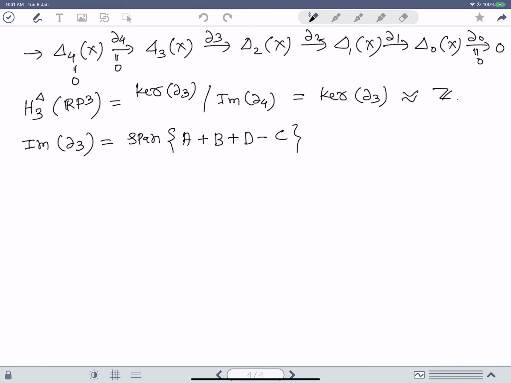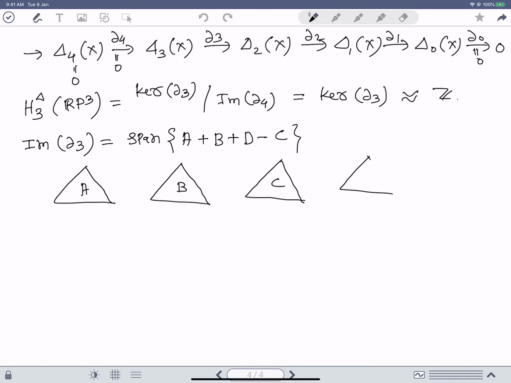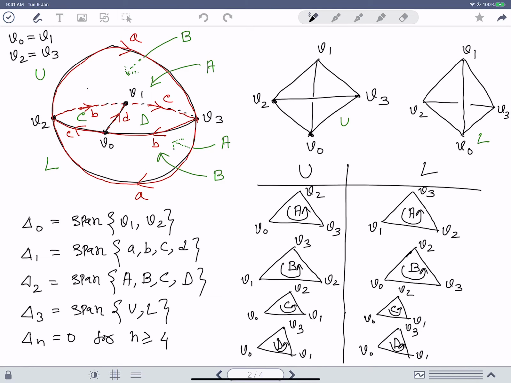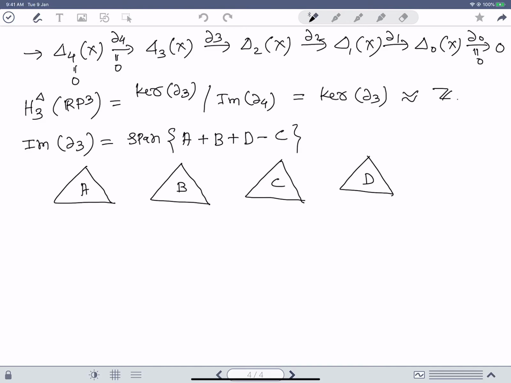So let's write what is my triangle ABCD from the picture. So suppose this is my A, this is my B, this is my C, and this is my D. Okay. So we have seen that A we can write as V1, V2, V3.